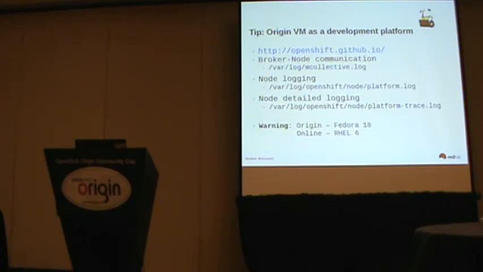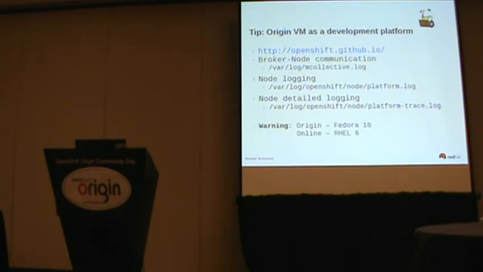If you do, the areas I showed in the first slide, the arrows, I recommend looking at var log mcollective.log for error messages between the broker and the node. And for the node talking to your cartridge, either the platform log or the platform trace log. Those are the three logs that you can triangulate on to figure out what happened.